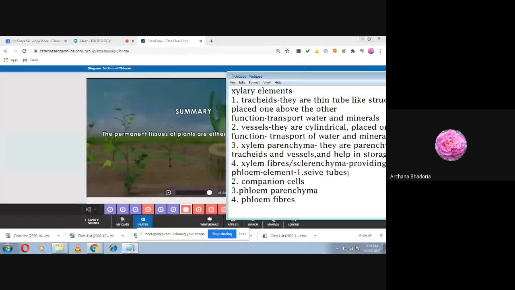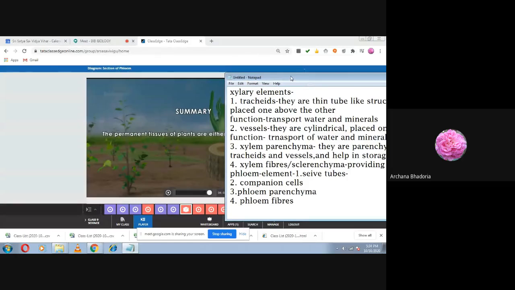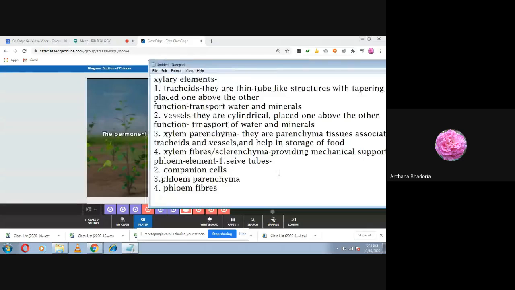So write down, children. We'll take up quickly the structure of the sieve tubes. You have seen just now how they are present in the stem and where they are present in the stem. I'll take up the other video once again, but before that, write all this down.